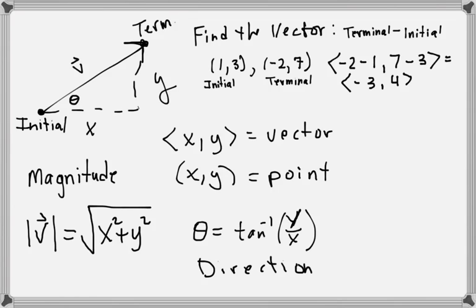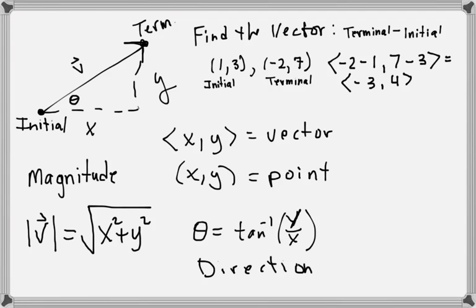If no one told you, and I just simply gave you 2 points and said find the vector, that's arbitrary, and I can't mark either one of them wrong. I guess you could assume the first point I give you is the initial and the last point is terminal, but that's still a little bit arbitrary, and I would never do that on a test situation. So you'll know one way or the other.